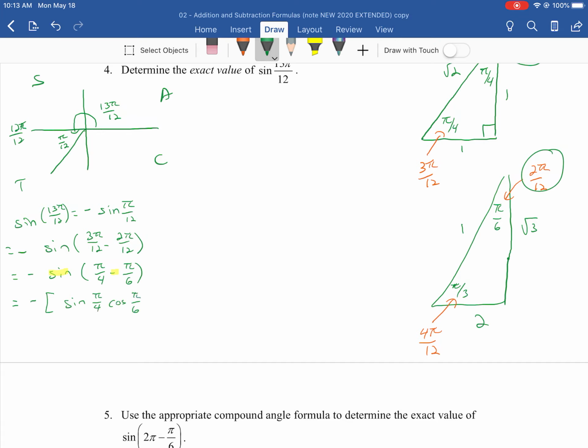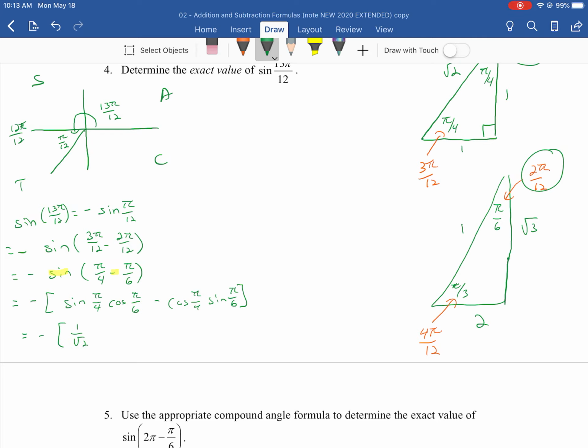Sine x cos y, and then it was a minus in between, cos x sine y, like that. Beautiful. Because I can handle all those things in my special triangles.